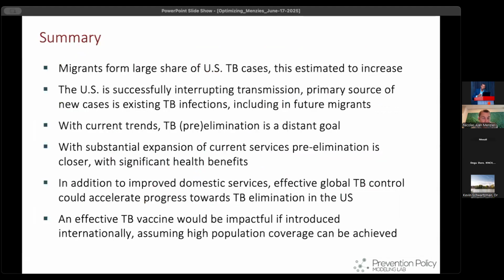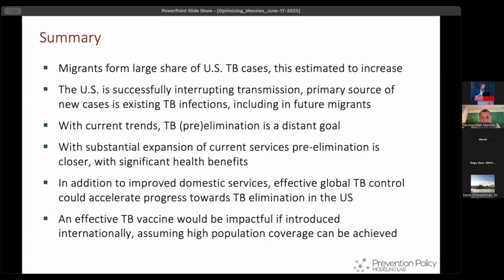So I think those are the major exhibits from the study, and hopefully all these summary points are now clear. Migrants, people born outside of the United States, form a large and increasing share of individuals developing TB in the United States. And while the United States has successfully interrupted transmission, outside of some small settings, most TB cases are arising from existing infections, primarily amongst people born abroad.